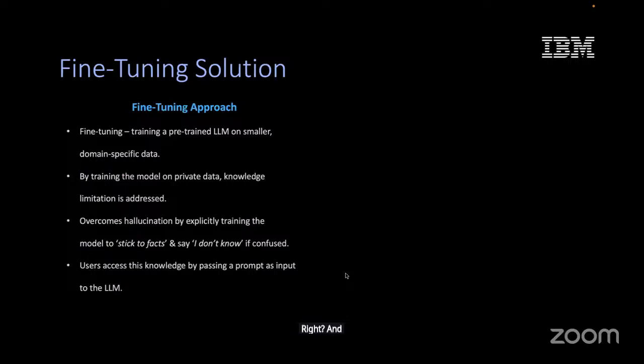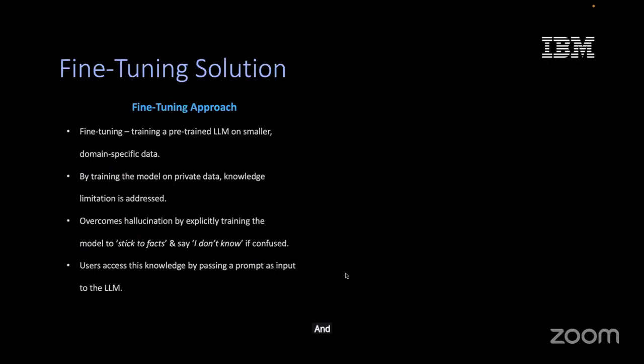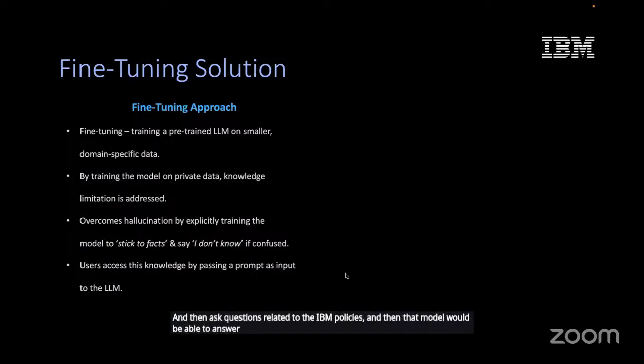What IBM can do is take ChatGPT's model, or IBM has its own set of large language models, and bring that on board and pass in all the IBM specific data and pre-train that LLM on the IBM specific data, and then ask questions related to the IBM policies, and then that model would be able to answer that specific information.